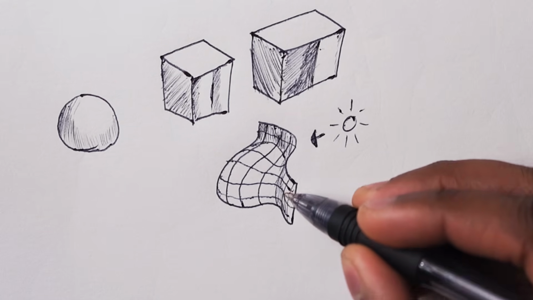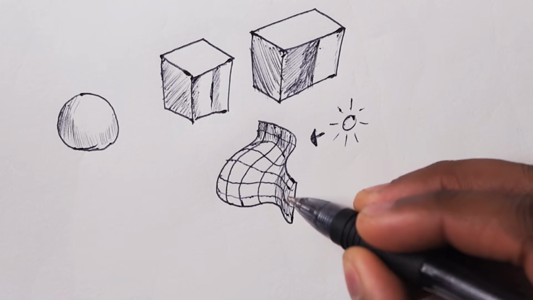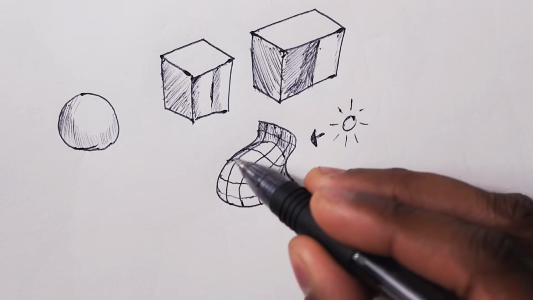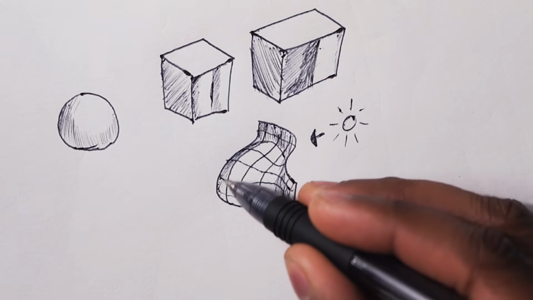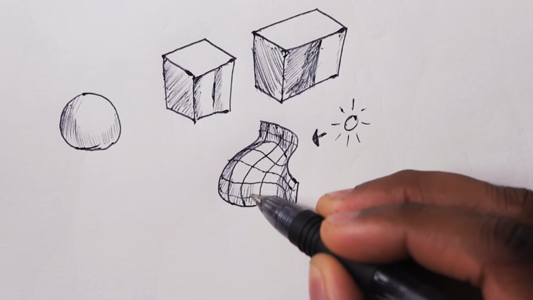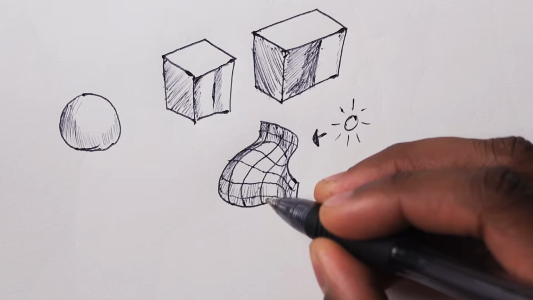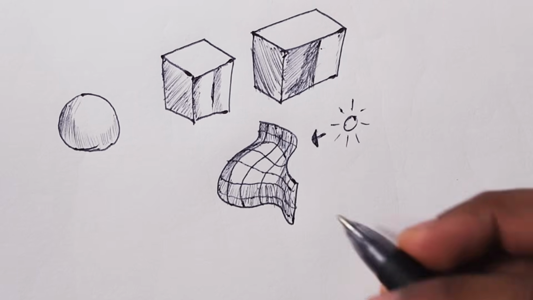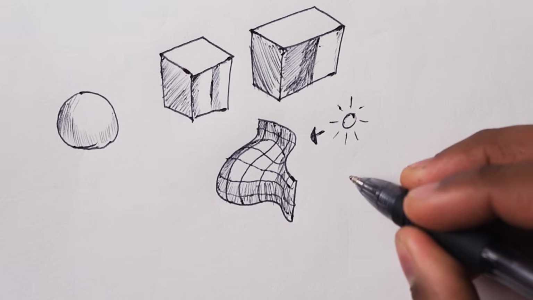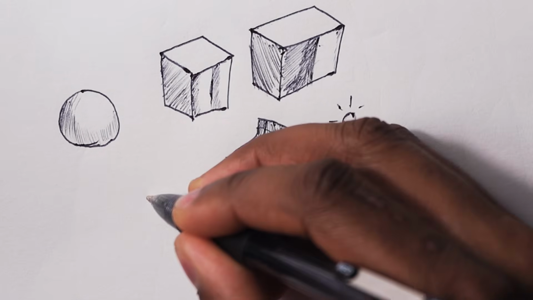This entire right side is going to be shaded because it's blocking the light. The left side, where it starts to curve away from the camera, is also going to be shaded, and anything below that middle line is shaded because it's curving away. So anything pointing away from the light is going to be shaded, and anything pointing towards the light is not shaded.